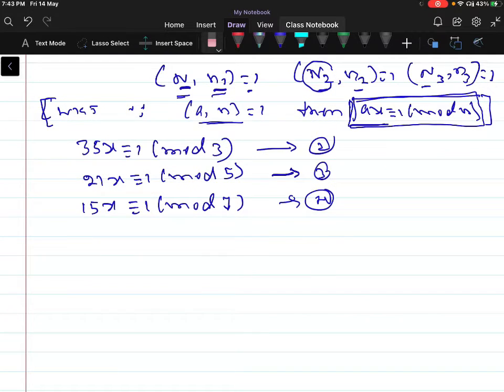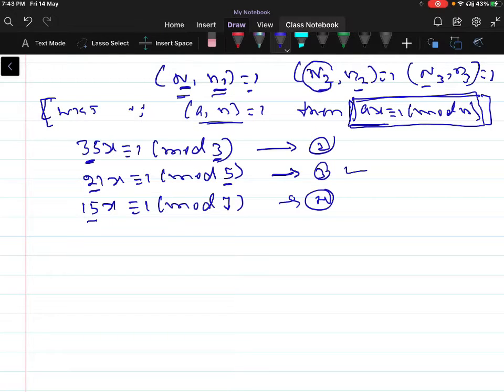So from equations 2, 3 and 4 you can observe that GCD of 35 and 3 is 1, therefore equation 2 has a unique solution. Similarly GCD of 21 and 5 is 1, therefore equation 3 also has a unique solution.